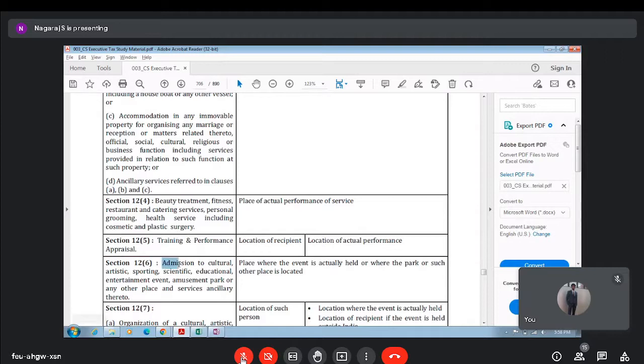Next, admission to cultural, artistic, sporting, scientific, educational, entertainment event, amusement park, or any other place or services ancillary thereto.